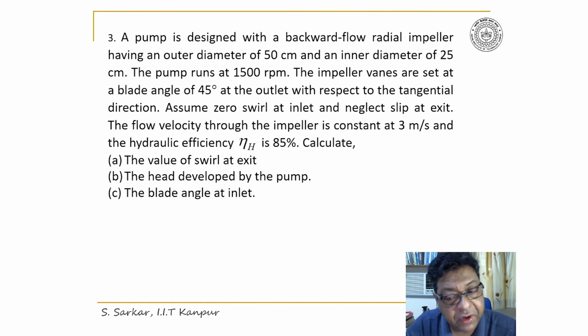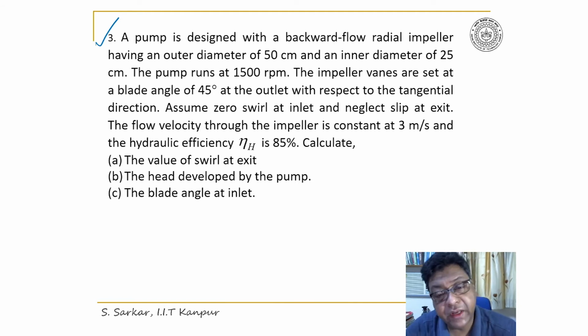I have solved here a problem on radial flow impeller. The statement is: a pump is designed with a backward flow radial impeller having an outer diameter of 50 centimeter and an inner diameter of 25 centimeter.